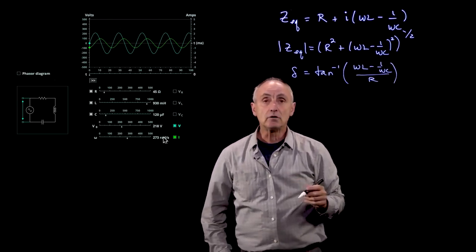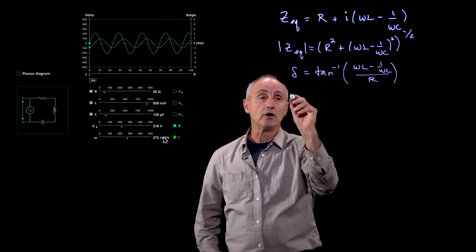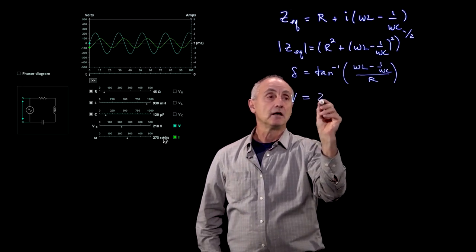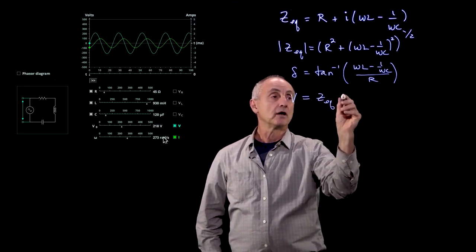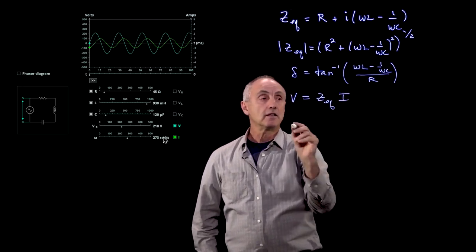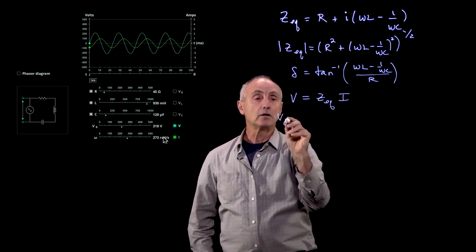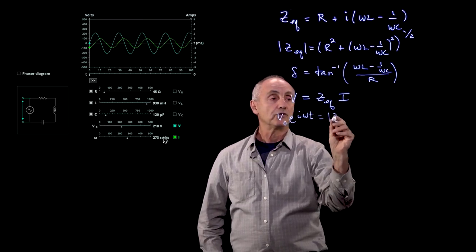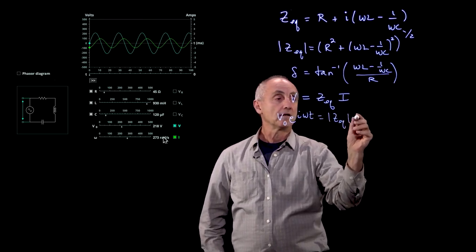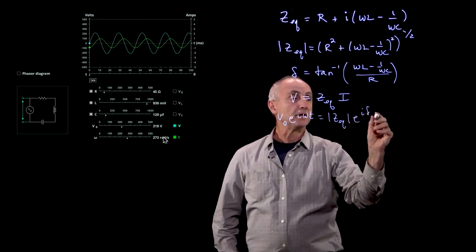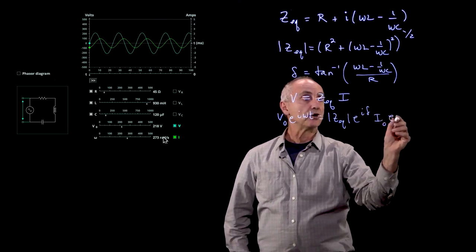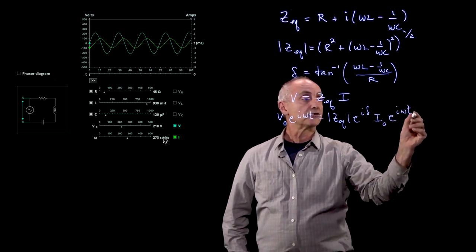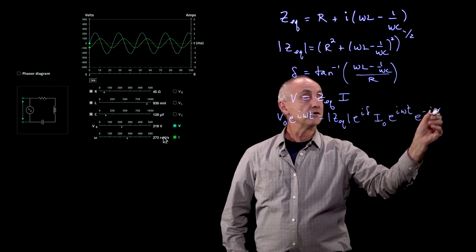And what we saw, the same analysis as before, when we write V equals Z equivalent times I, then we have V naught e to the i omega t equals the amplitude and phase of the complex impedance, times the amplitude of the current, the oscillatory part, and the phase.